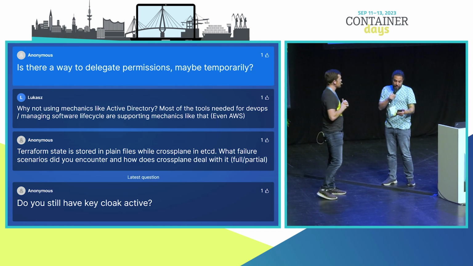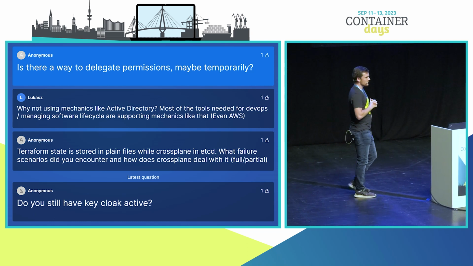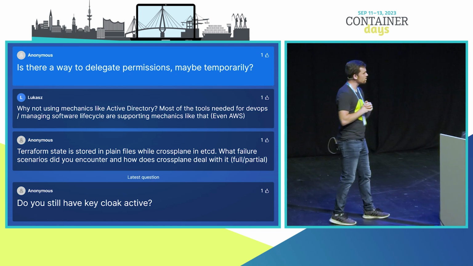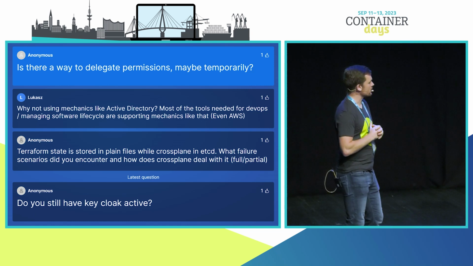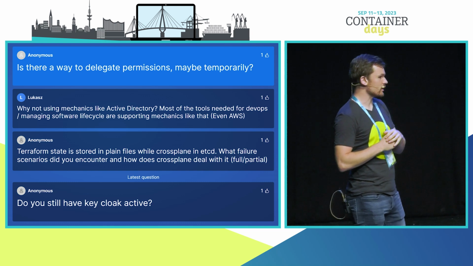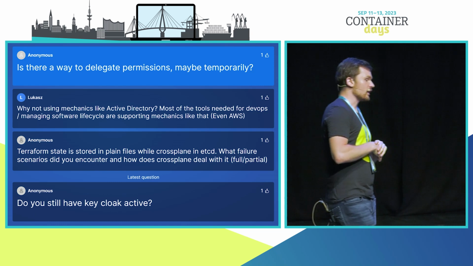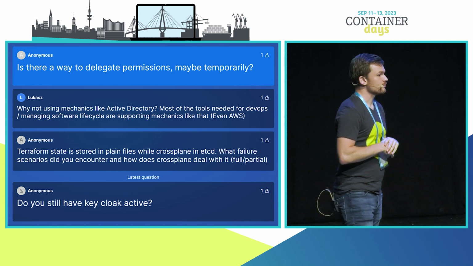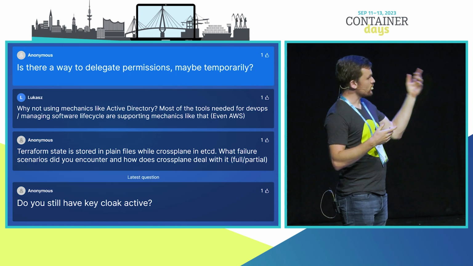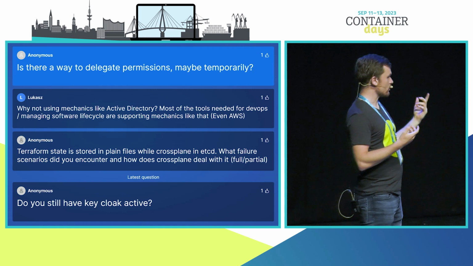Is there a way to delegate permissions, maybe temporarily? At the moment, not really. Because it's in that state where we have that repository, and only operators who have write permissions to the repository are able to do so. But in the next step, the web app should be enhanced with writing capabilities.